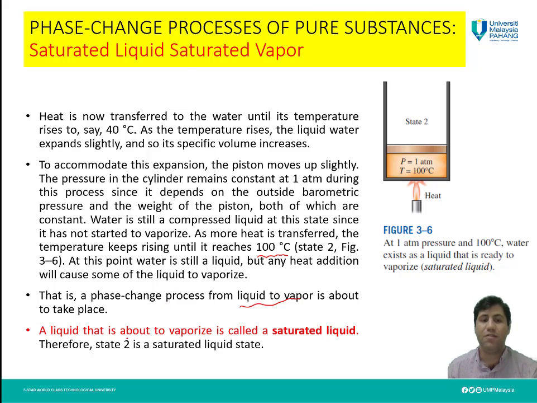A liquid that is about to vaporize is called a saturated liquid. For example, water in these conditions, pressure 1 atmosphere and temperature 100 degrees Celsius, is a saturated liquid. It is about to vaporize. So therefore, state 2 is the saturated liquid state.